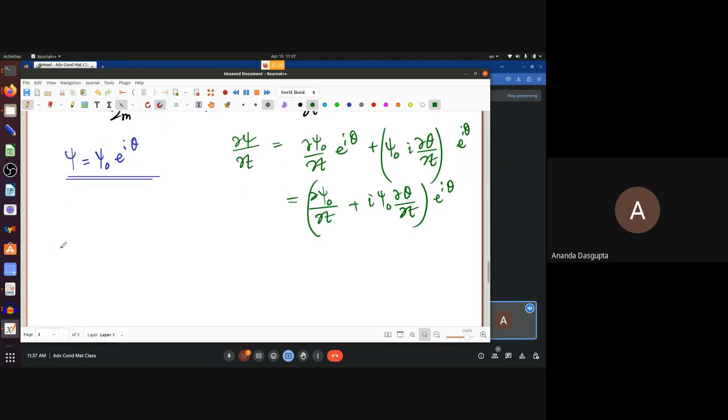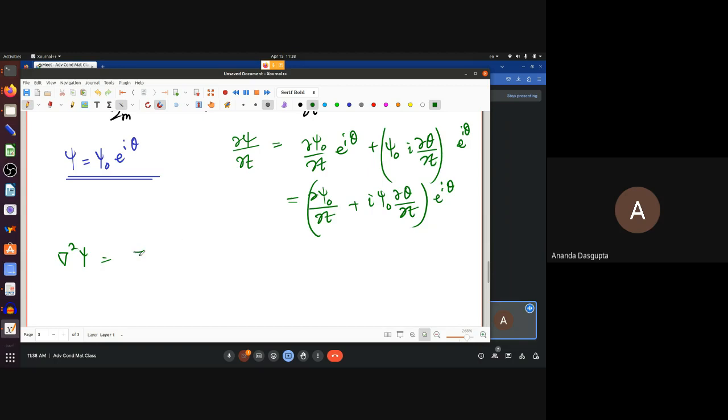So that's del psi del t. So how do you calculate the Laplacian of psi, with psi equal to psi 0 e to the i theta? Well, what is the Laplacian in terms of more elementary derivatives or operations? Del squared del x squared psi plus del squared del y squared psi, true.